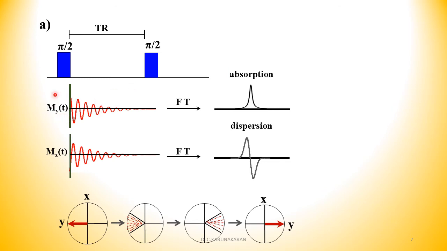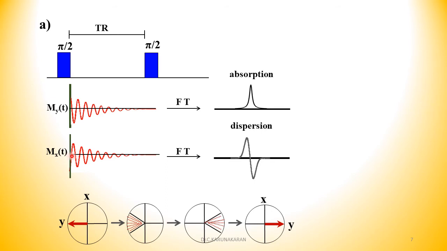This is the FID signal, the transverse magnetization My with respect to time. The magnetization along the y axis decreases with the increase in time. We have seen earlier, on Fourier transformation, an absorption signal is obtained.